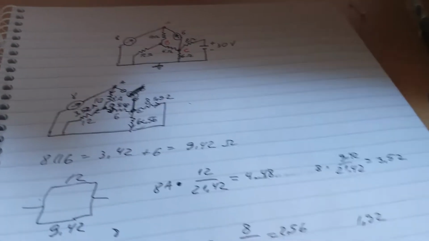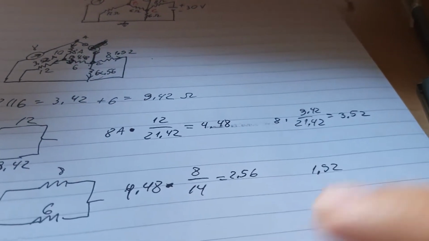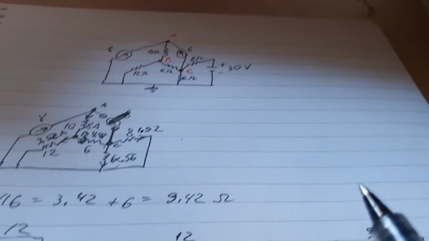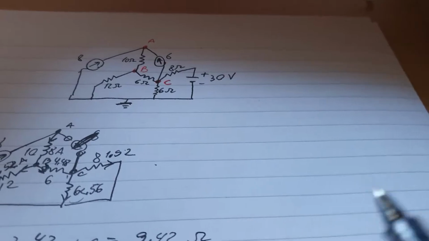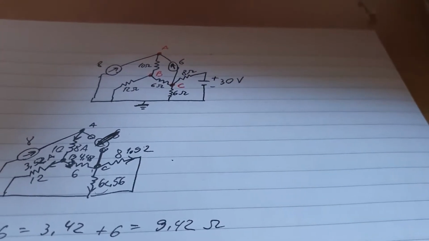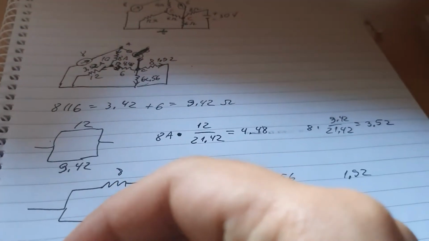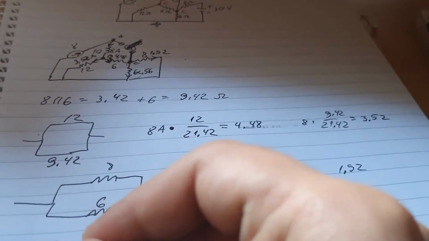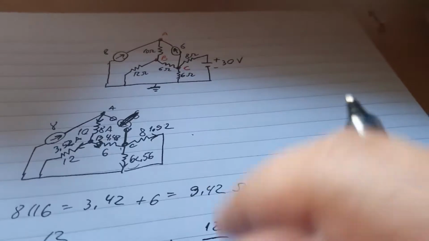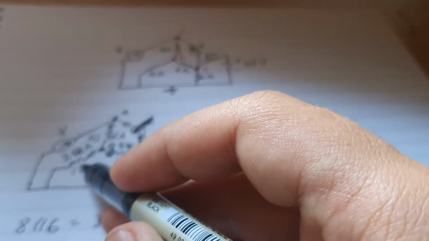Alright, now we know the currents, and we just need to calculate the voltages. So V is equal to R times I. This one should be pretty easy. We just do 3.52 times 12.